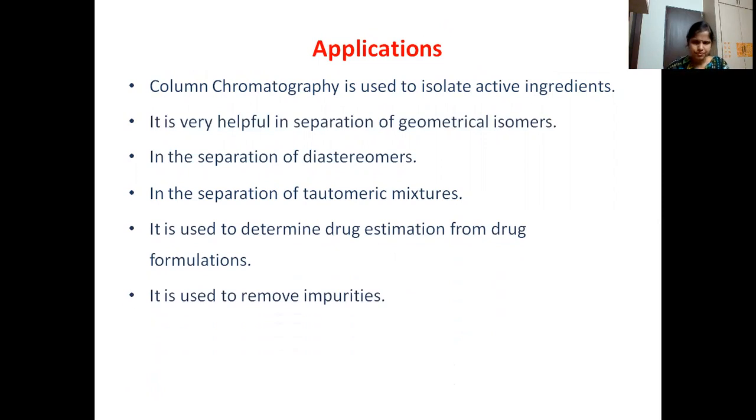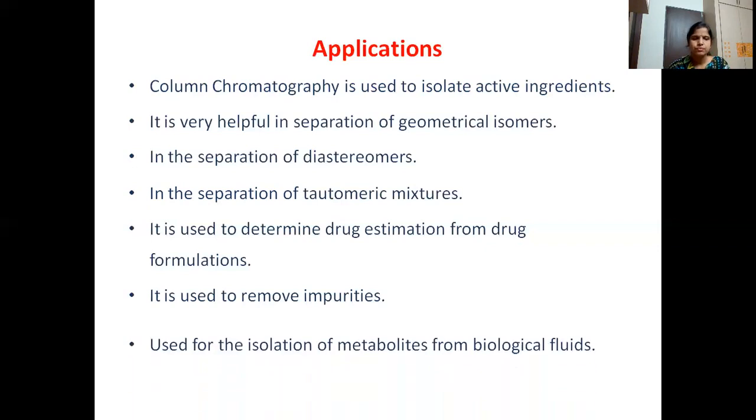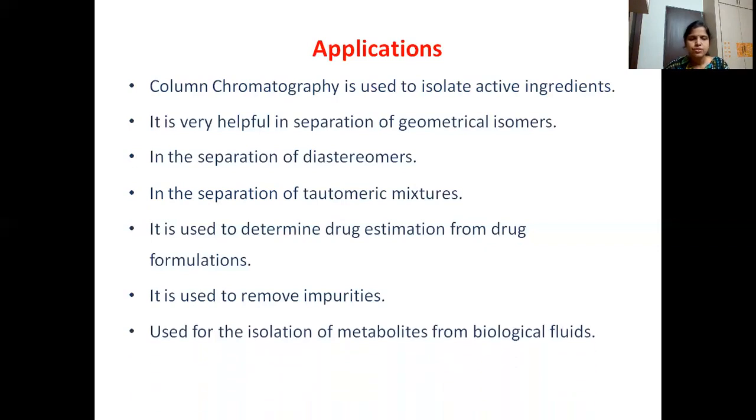If there are any impurities present in food material or any drug item, you can easily remove them. It is used for the isolation of metabolites from biological fluids. Metabolites present in biological fluids can also be isolated. Everything is based on the principle of adsorption and partition.